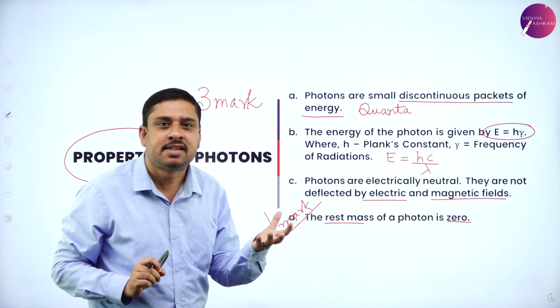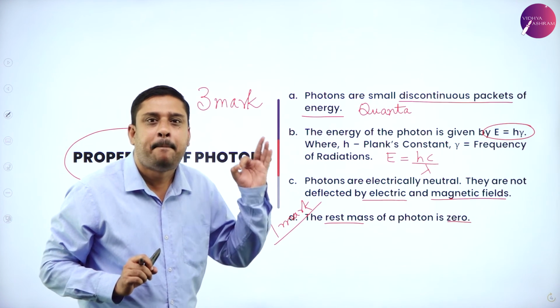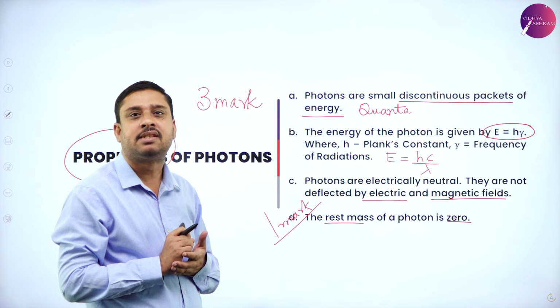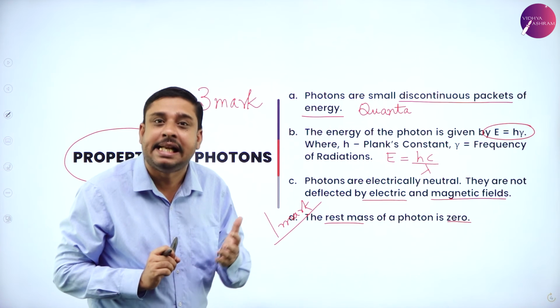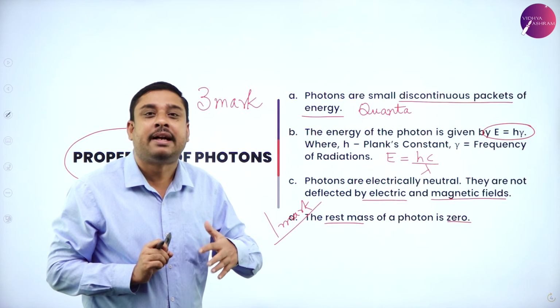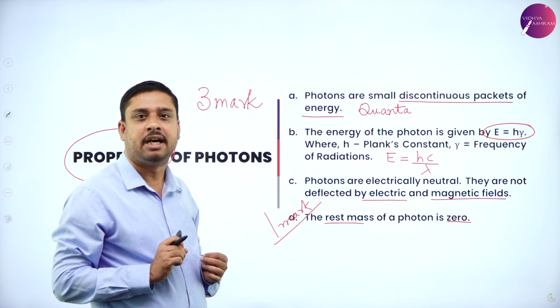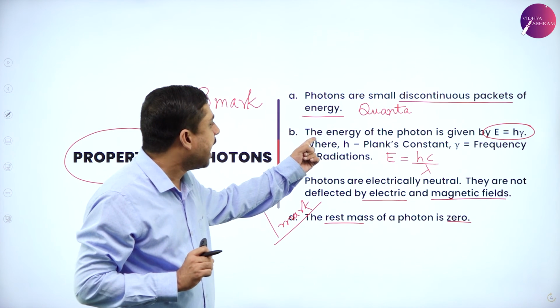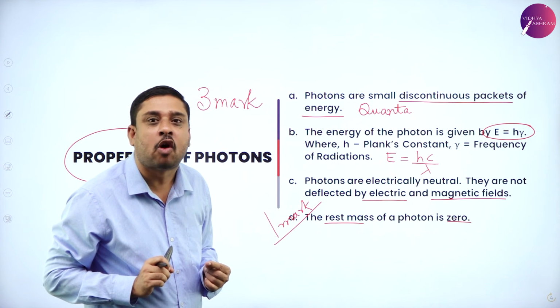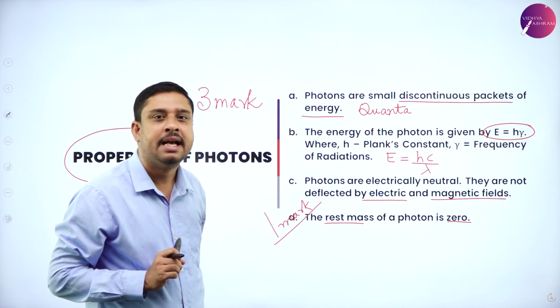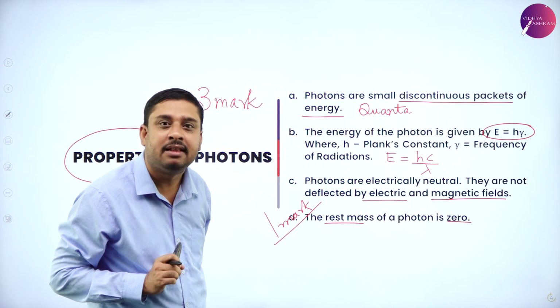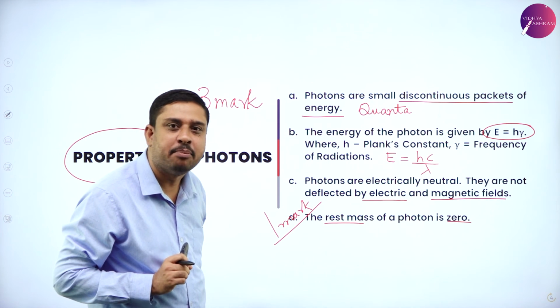So photons are small packets of energy called quanta. They are discontinuous or discrete in nature. The energy in terms of frequency is E equals h nu. In terms of wavelength, E equals hc by lambda.